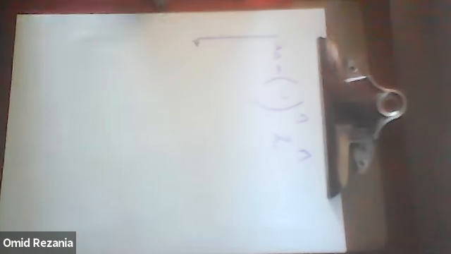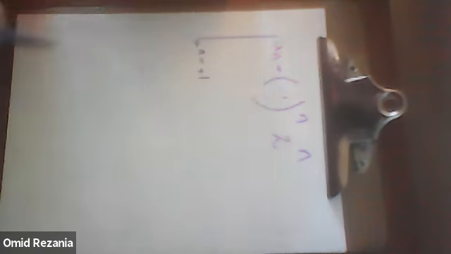Guys, look at that. There is an interesting thing about this sequence. The first element is going to be for the case when n is equal to what? n is going to be equal to 1.